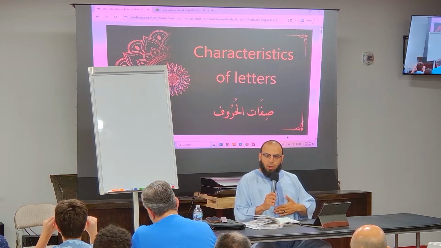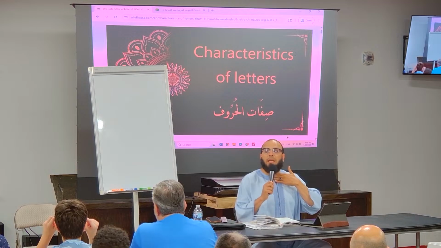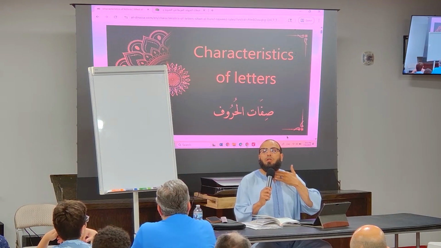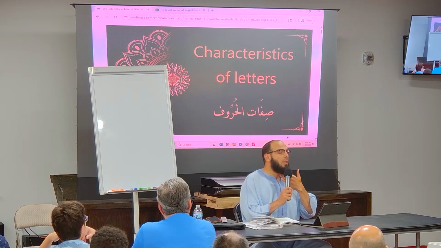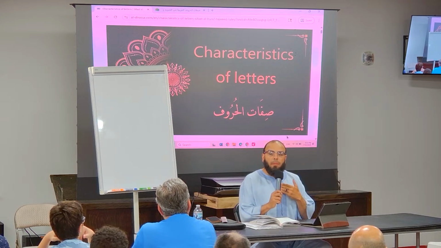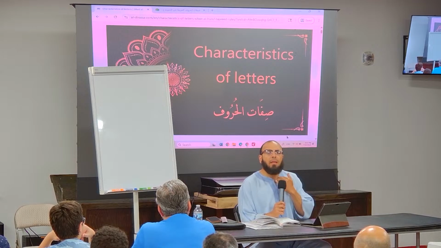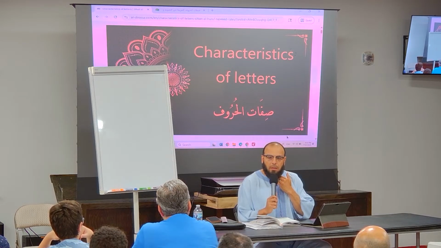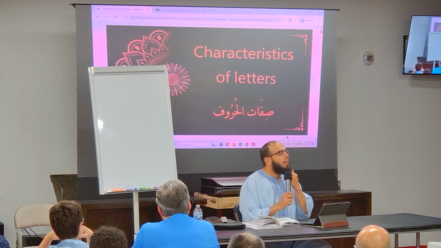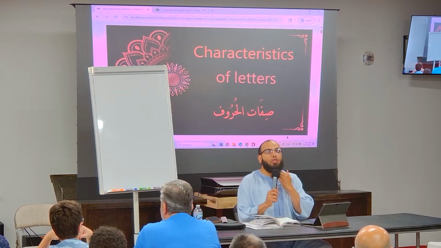Moving up after al-jawf, we will have the next main makhraj, which is al-halq, the throat, subdivided into 3 makhraj. The bottom one, aqsa al-halq, then wasat al-halq, and then adna al-halq, which is the top part.